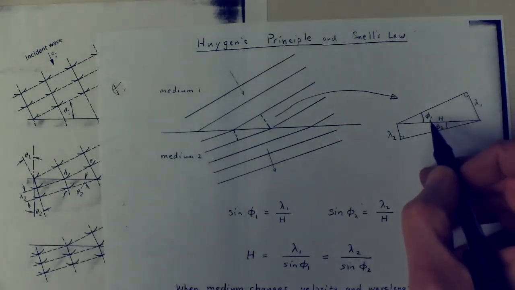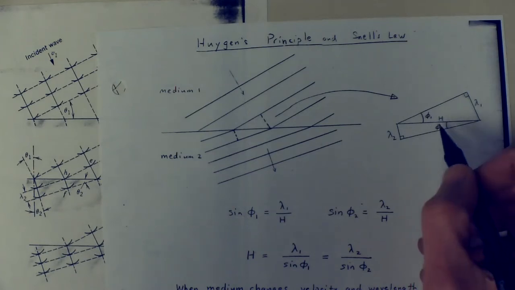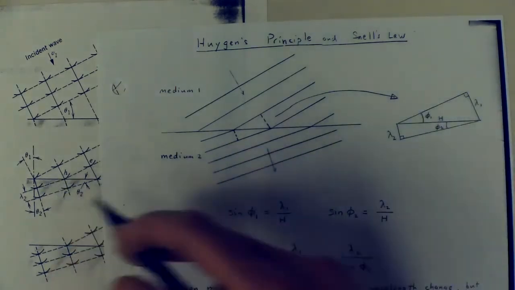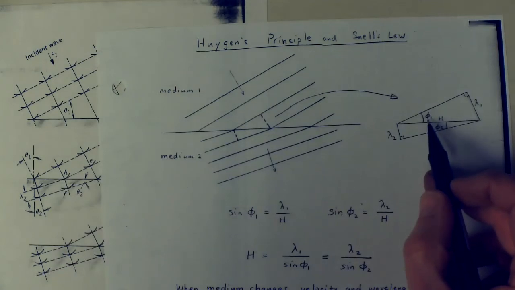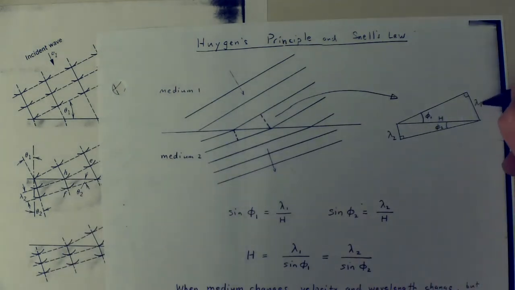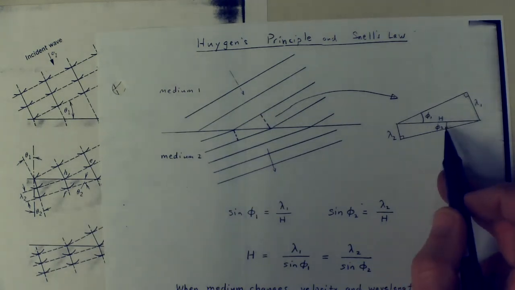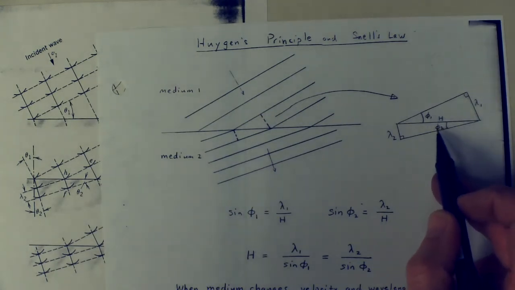I'm sorry about that. But anyhow, once again, here is phi 1, or what we called theta 1 over here, the angle. It's the same thing as the incidence angle. Again, I could have defined it over here. I just didn't. And here is the angle inside the material, phi 2.